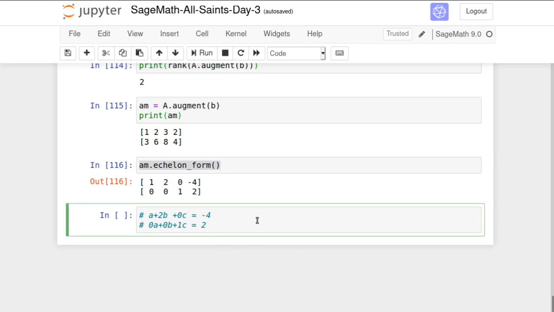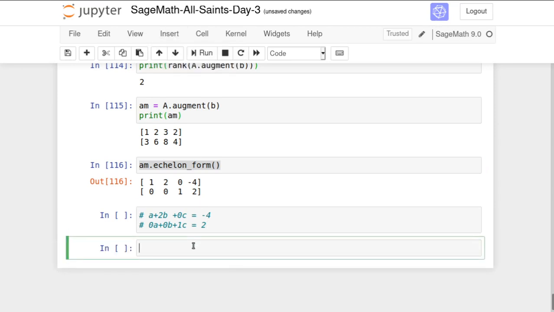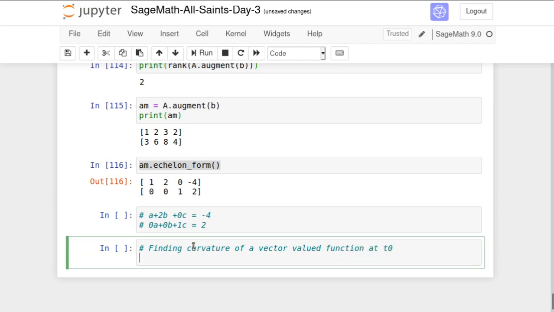Okay, so we will see how to find the curvature. Now we will insert a cell here. Finding curvature of a vector valued function at t naught. Suppose we define r equal to some function, cos of t, sine of t. Maybe we can define this to be a vector. That's better.